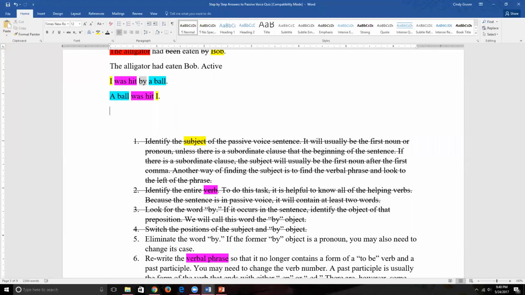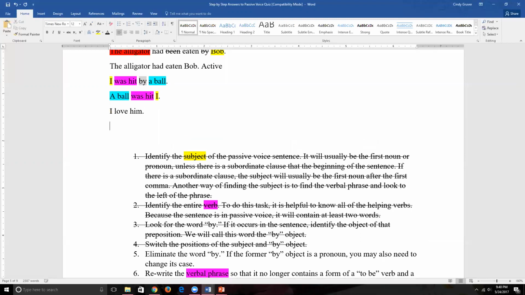So for example, if I say, I love him, that means something different than he loves me, right? And yet we have the same ideas here. We have me, this person, we have him, that person over there, and we have the idea of love.